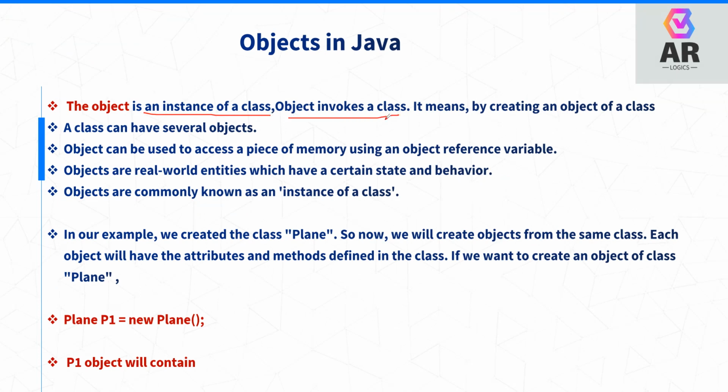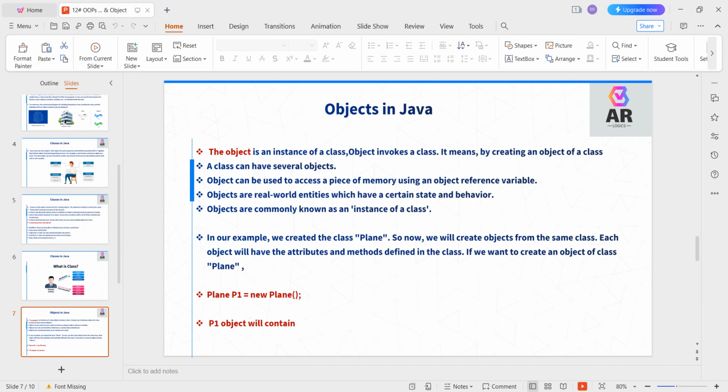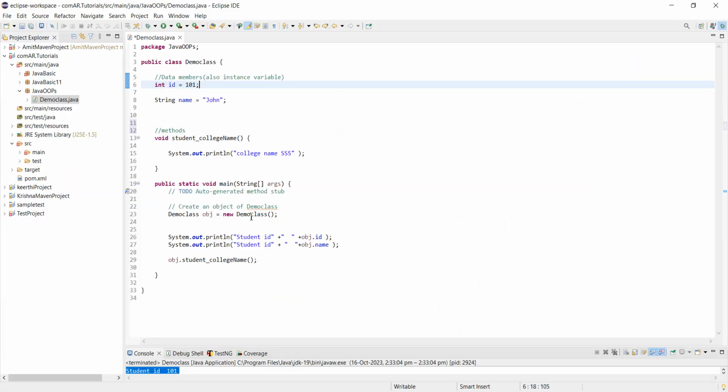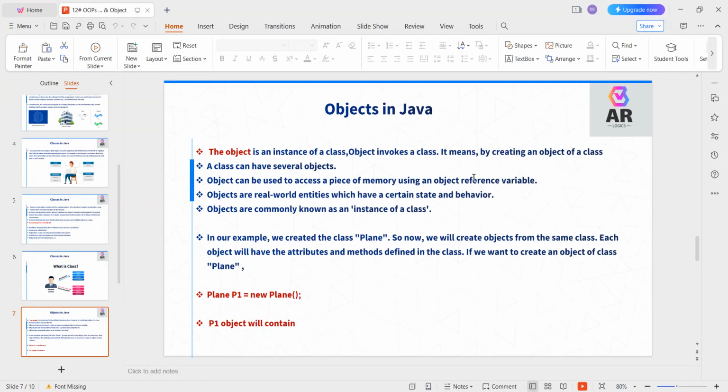An object invokes a class. Already I explained. See here, one object invokes a class, its data members and methods. Okay, a class can have several objects.